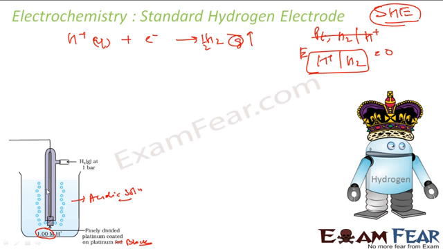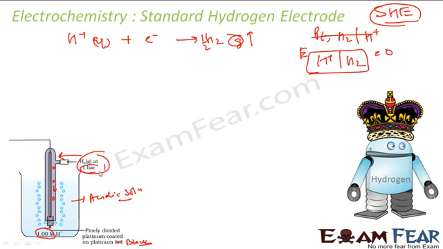And we bubble pure hydrogen gas. See, pure hydrogen gas is bubbled through it in this direction. Right? And please note, the concentration of both the reduced and oxidized forms of hydrogen, that is H plus and H2, is maintained at 1 molar.